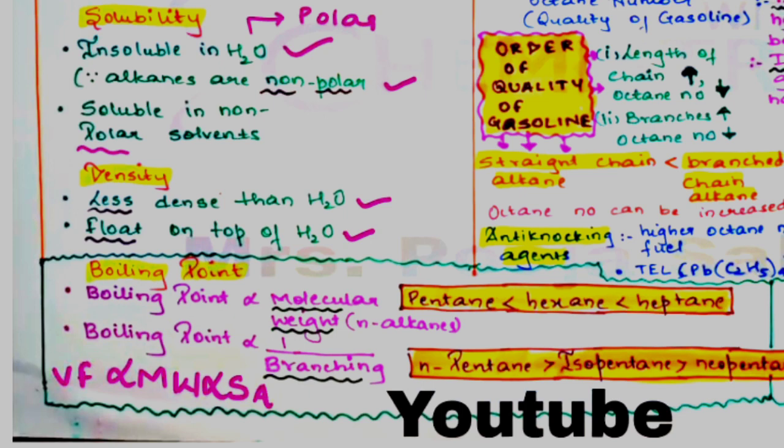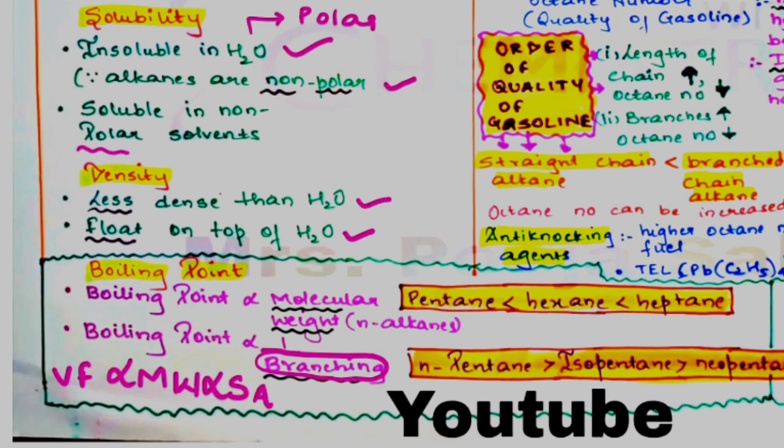If the surface area is small, van der Waals force is small. If the surface area is larger, van der Waals force is larger. Because of branching, surface area is small. So that is the reason why van der Waals force is also small, and ultimately the boiling point is also less.